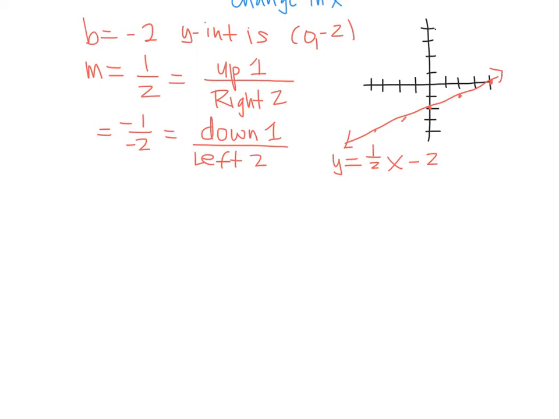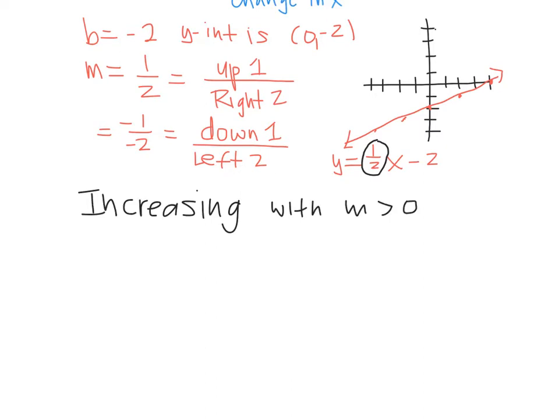The graph is increasing for the whole domain, from negative infinity to positive infinity. We also want to make note that the slope is positive. So it's increasing with slope greater than 0.